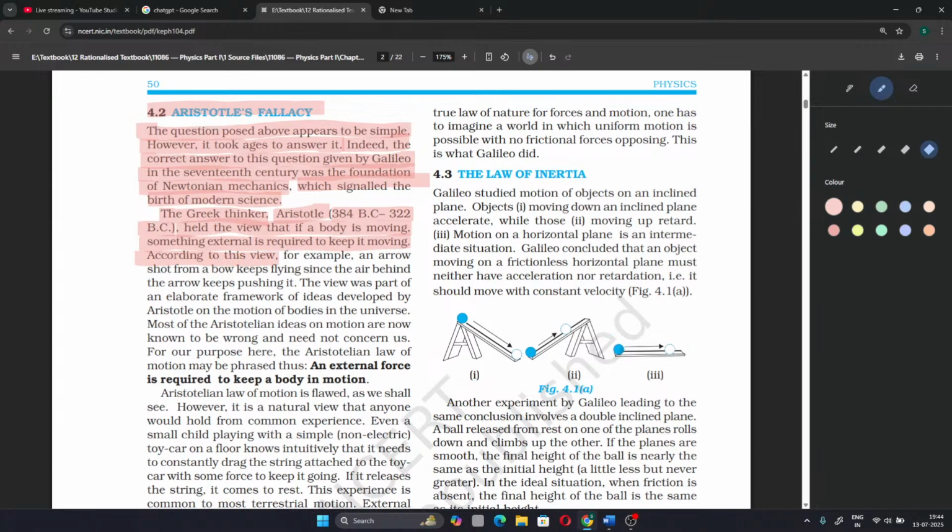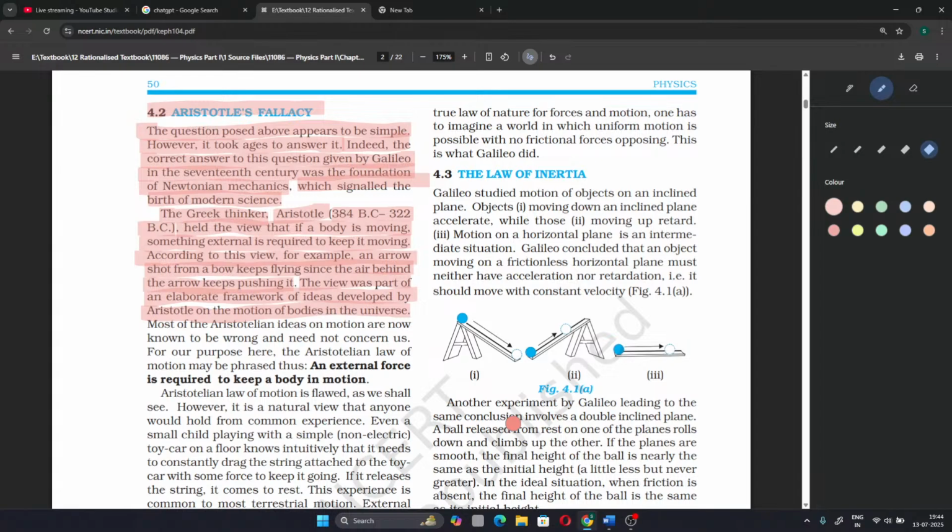According to this view, for example, an arrow shot from a bow keeps flying since the air behind the arrow keeps pushing it. The view was part of an elaborate framework of ideas developed by Aristotle on motion of bodies in the universe. Basically, he thought that if a body is moving, something external is required to keep it moving.